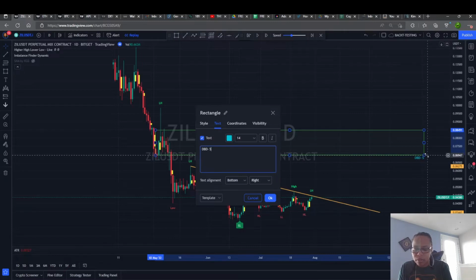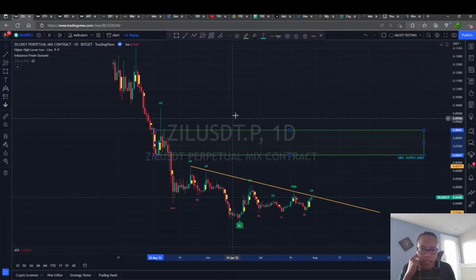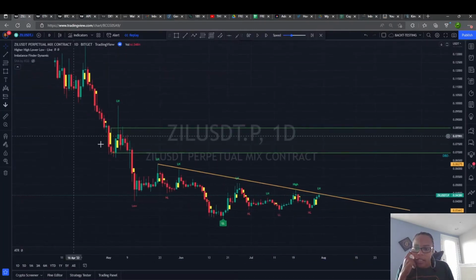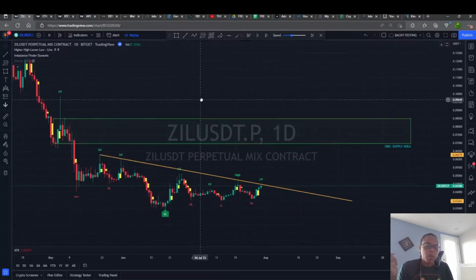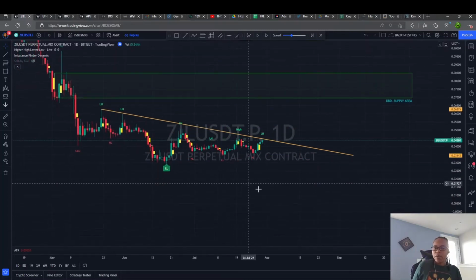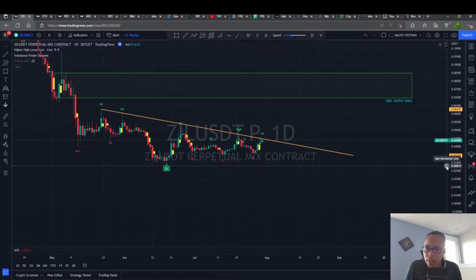That's just a supply area. That's nice to see. If we'd had time, or if I'd randomly clicked in this area, we could have checked how that would have worked. But I'm sure we can find something in the lower time frames. Anyway, let's grab a level here.